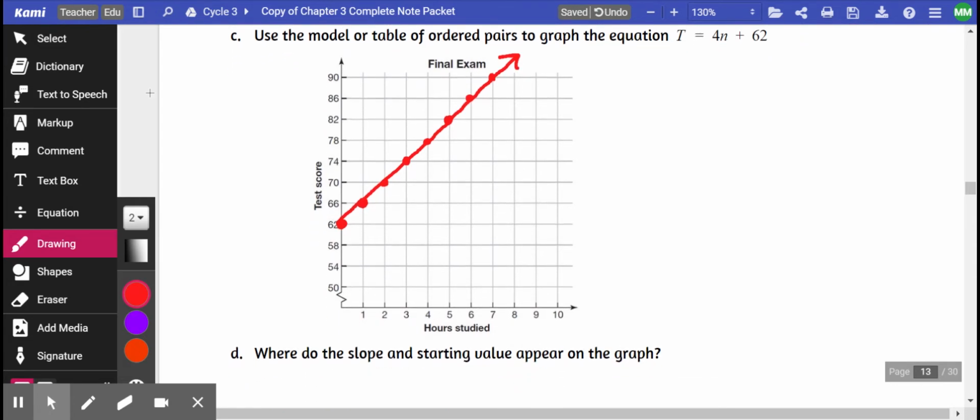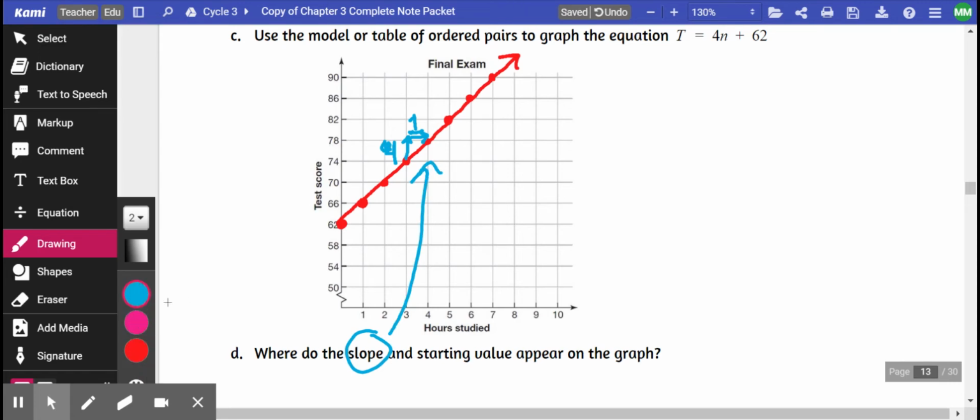So part C says, where do the slope and starting value appear on the graph? So if we look for slope, slope is the steepness or the rate of change. So let's go ahead and use one of these points. We can see that from here to here, we have our slope. So from here to here, for one of these increments, it's going up by 4. And then from here to here, it's going by 1. So we can see that we have 4 over 1 for our slope.